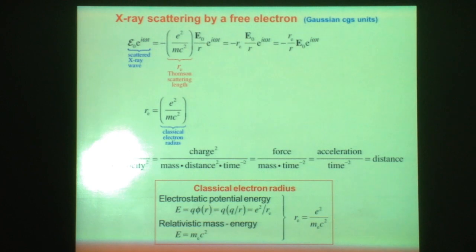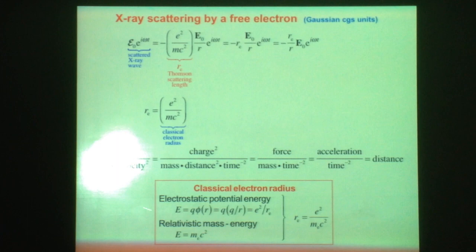And how that comes about: that's the quantity e squared over mc squared, the Thomson scattering length for an electron. The notion of the classical electron radius arose because, at the time Thomson was talking about all of this, the Schrödinger equation and Heisenberg's approach to quantum mechanics were very new things, and still much up in the air.